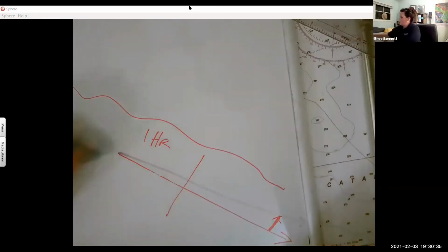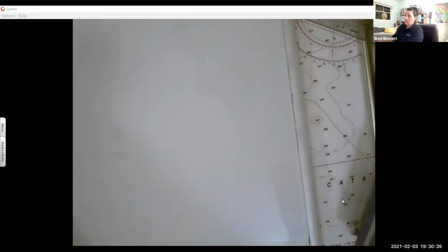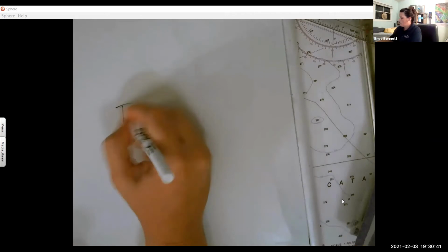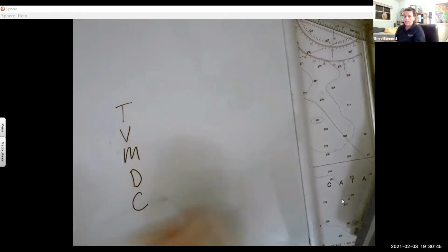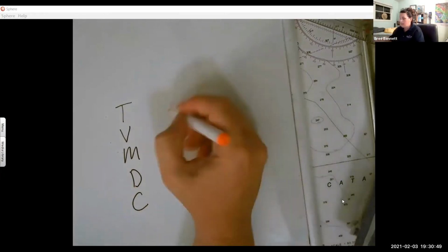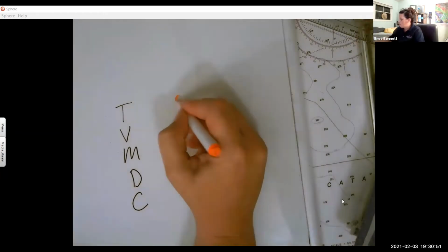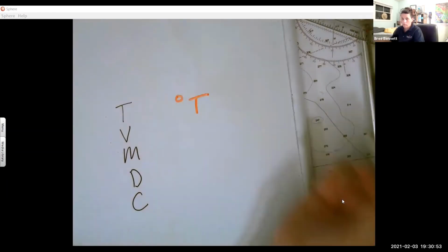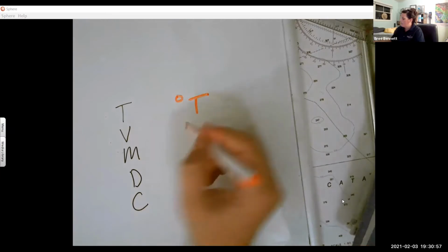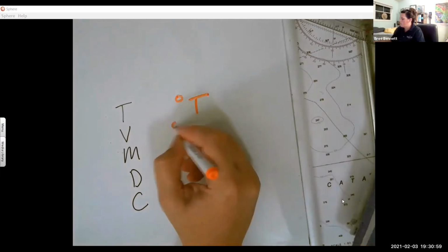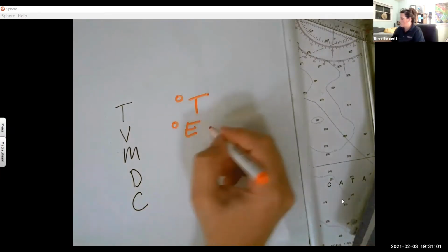One thing that we're going to see when we look at these is our units on these. So if I'm talking about true, I'm going to have degrees true. If I'm talking about variation, it's going to be whatever degrees east or west.